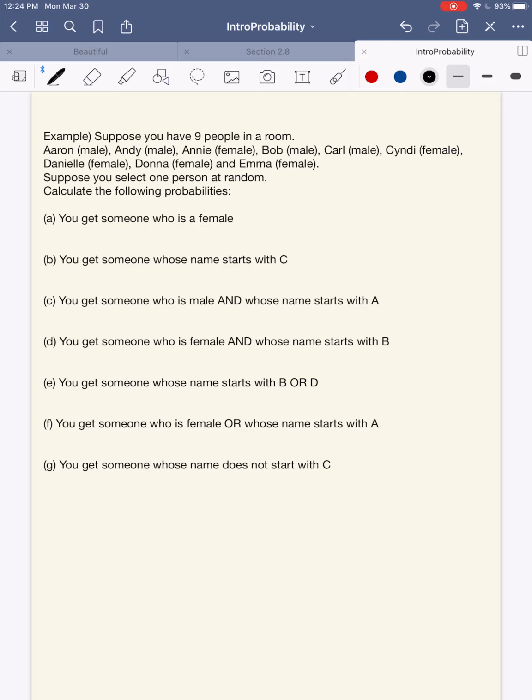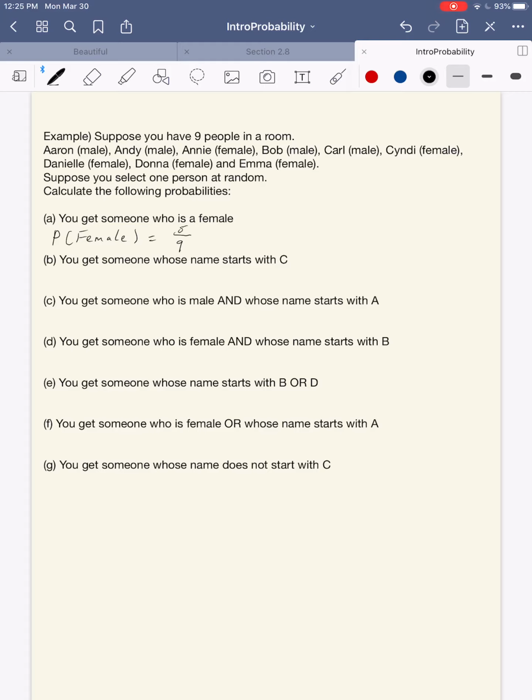So the first one is we want to get the probability you get someone who is a female. So if we were to use our notation here, we would say the probability of a female is equal to, okay, well, we know it's going to be a fraction. It's going to be out of 9 because there are 9 people in the room. And now we just need to figure out how many would satisfy having a female here. So we have Annie, Cindy, Danielle, Donna, and Emma would all satisfy the female property here.